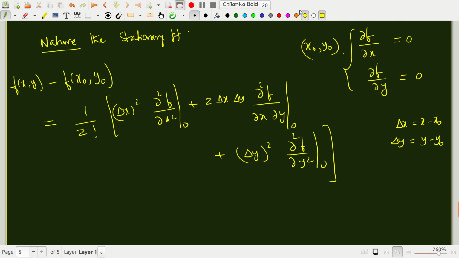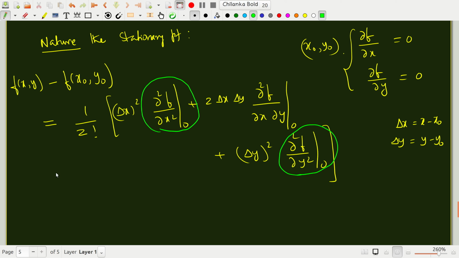Now, if you just walk along the x direction alone, then to decide whether the function has a maximum or minimum, you just look at the second derivative. Suppose delta y is 0, then these two terms will not contribute, and you look at only this term to judge whether it is a maximum or minimum. That is like a single variable problem. Likewise, if you walk only along the y direction keeping x constant, that is delta x is 0, then you will look at this.